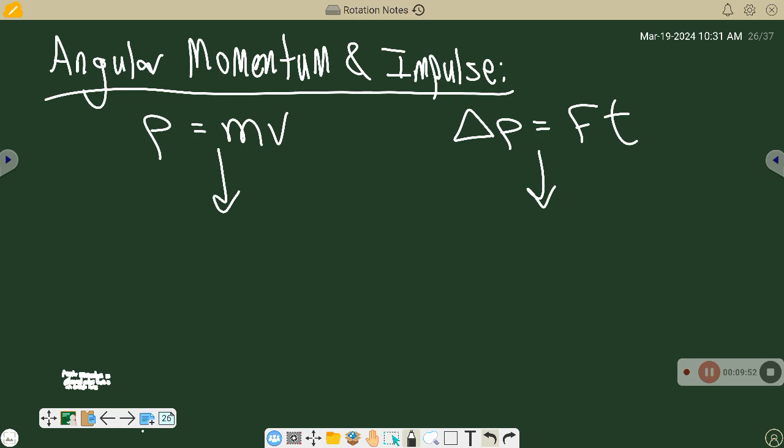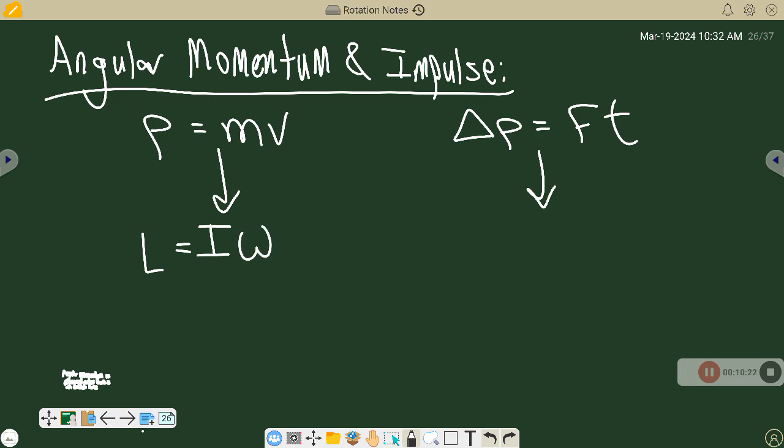angular momentum. Again, we are going to take our linear versions of these and just translate them into rotational versions. Let's look over here on the left with linear momentum. We all know that linear momentum is equal to mass times velocity. So angular momentum, represented by a capital letter L, is going to be equal to rotational inertia, because that's kind of our analogy for mass in a rotational world, times angular velocity.